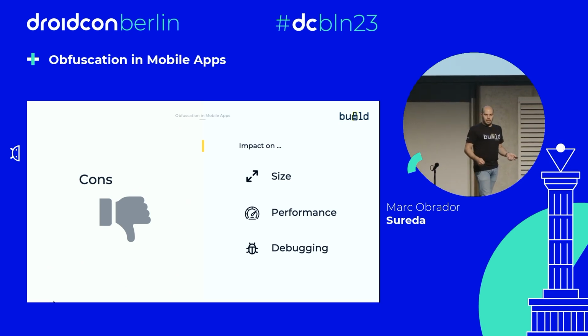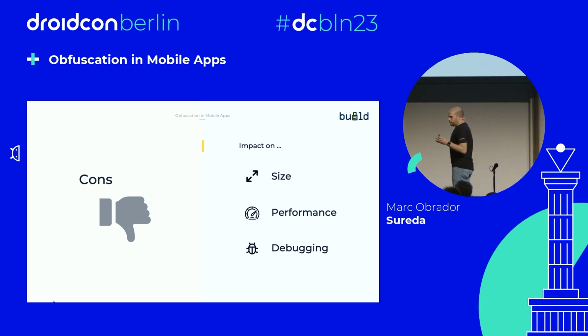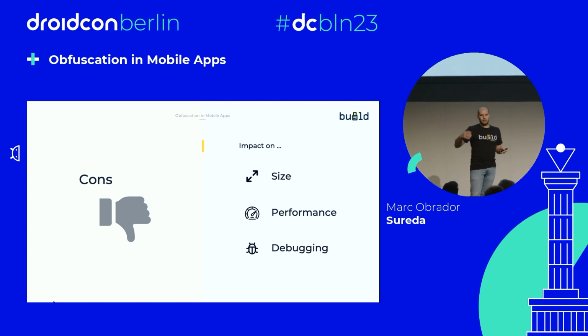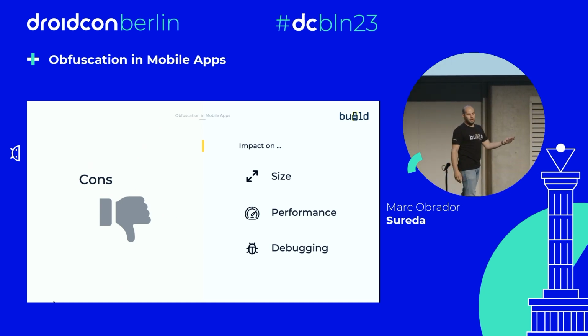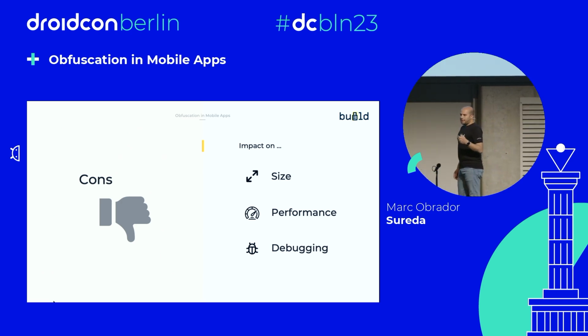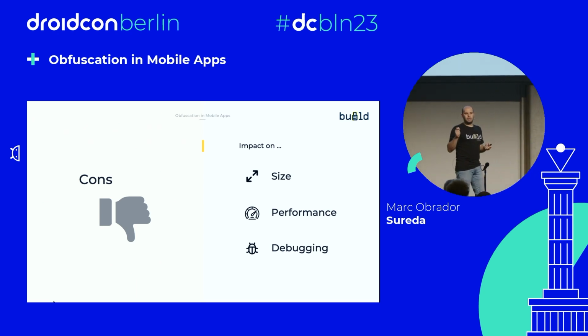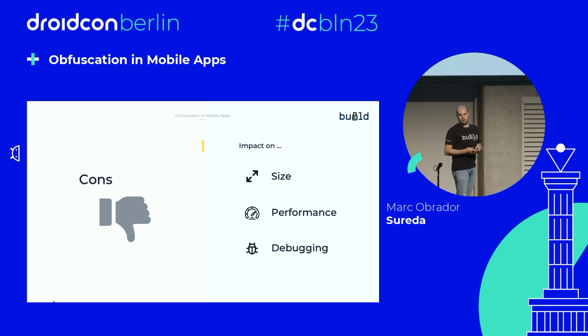So the impact is on size and performance, but also on troubleshooting issues in production. Because the goal is making the code that you ship different from the code that you write, when you get reports through the Play Store or through Crashlytics, it is likely to be more difficult to pinpoint a specific crash in the production code to the real line of code that produces the bug.